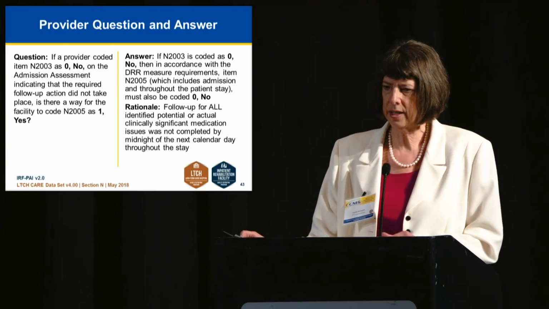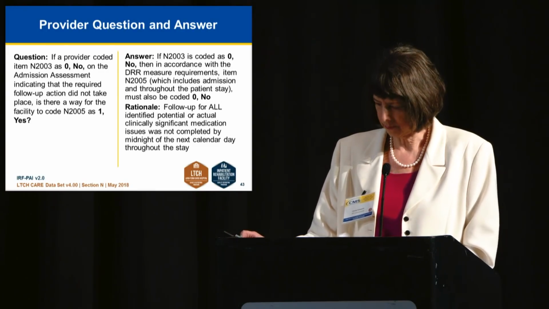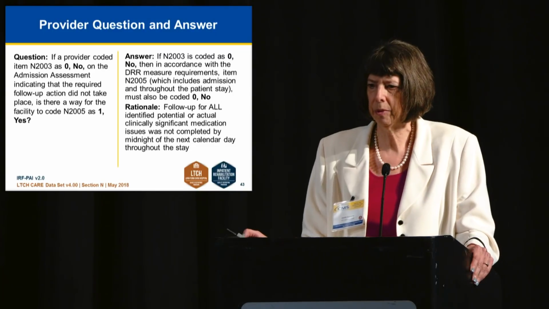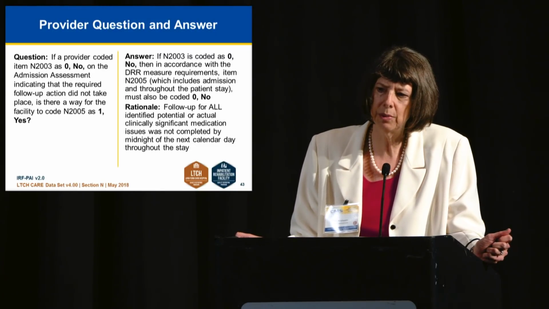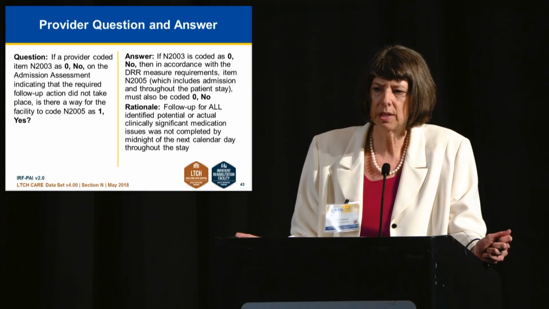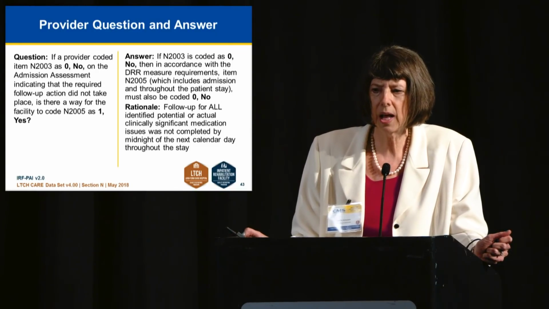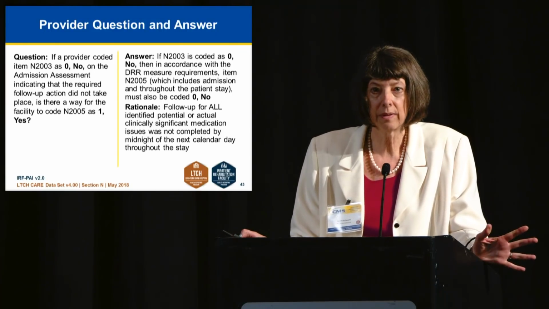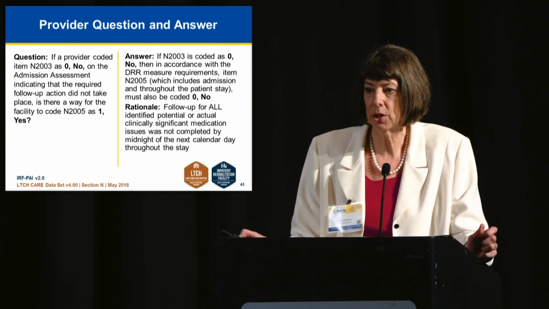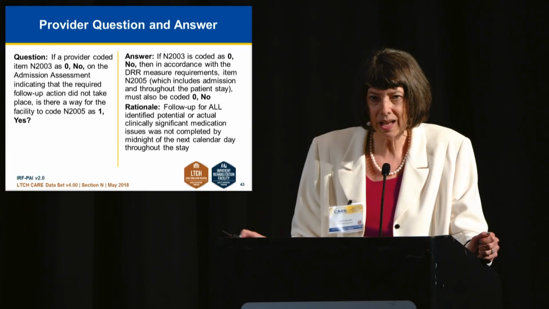A provider had asked us a question: what happens if you code N2003 as no on admission, indicating that the required follow-up action did not take place? Is there a way for them to code N2005 as yes?